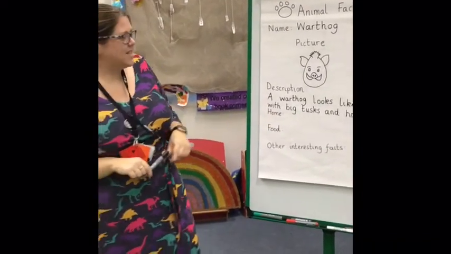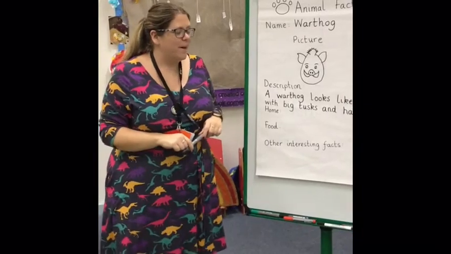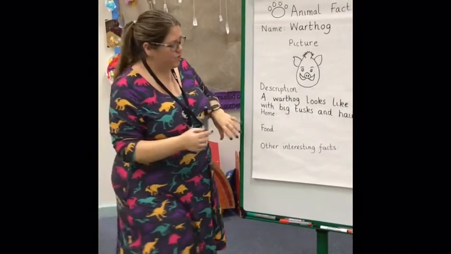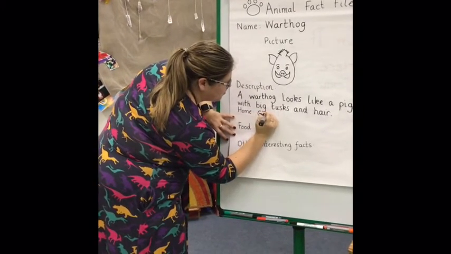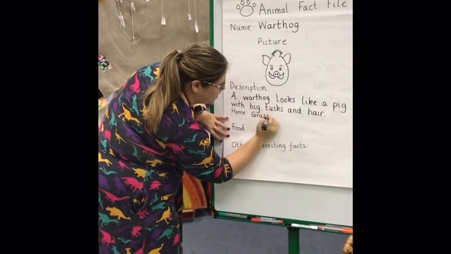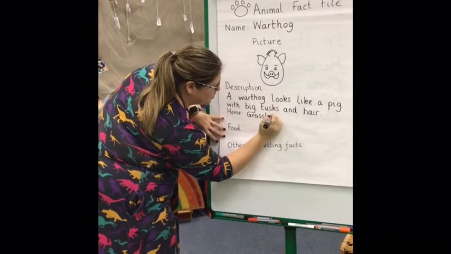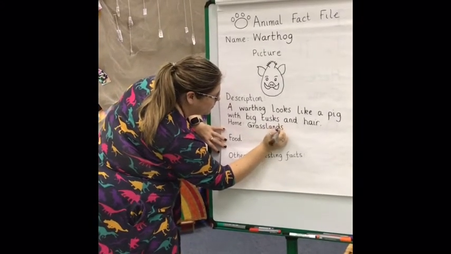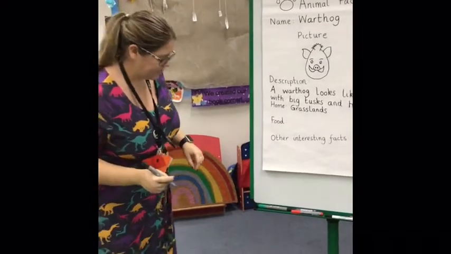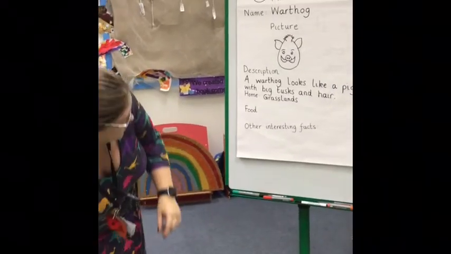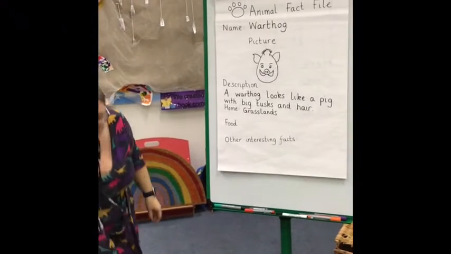Okay, so the home, I need to say where this warthog can be found. So this warthog is often found in grasslands. So I'm just going to write where you might find a warthog. So in the grasslands. And the food might need to go a little bit lower so that I can keep doing my writing.